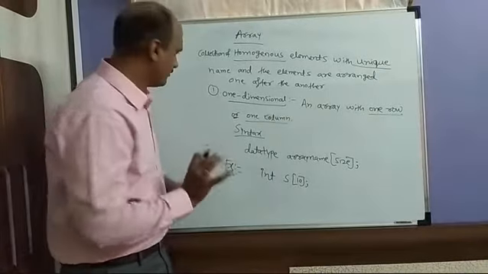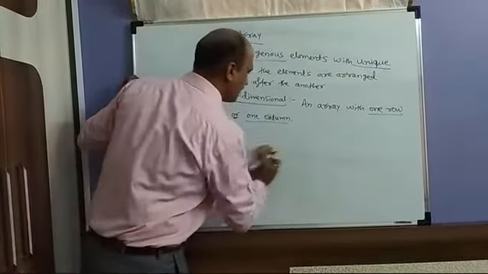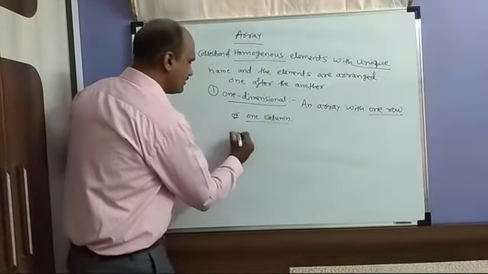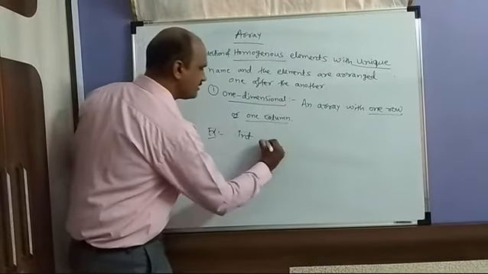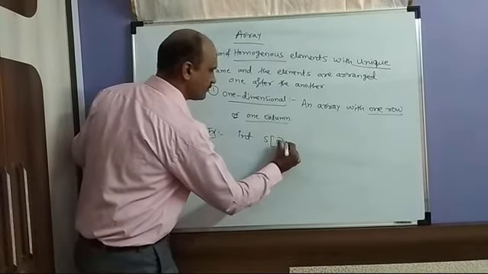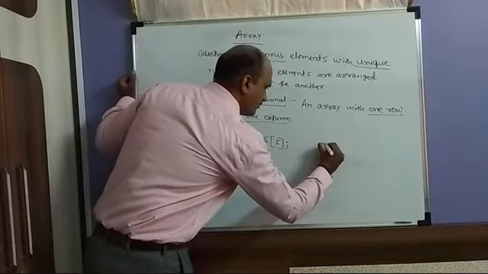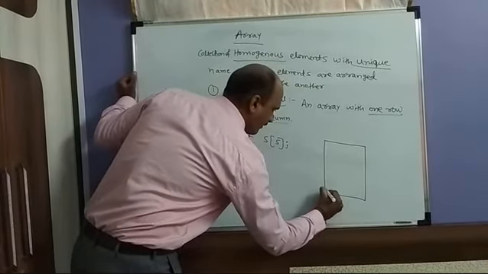I will give a very simple example of how you can represent a one-dimensional array. If I write int S of 5, how do you represent this in memory?